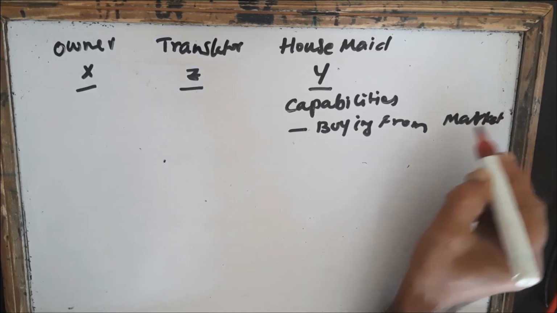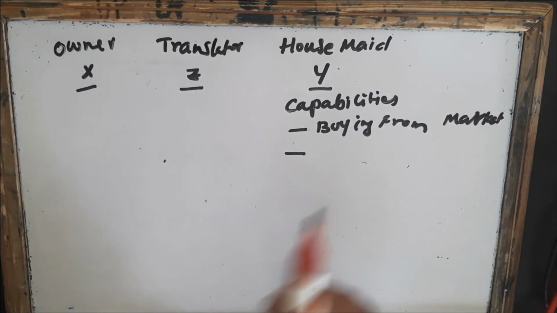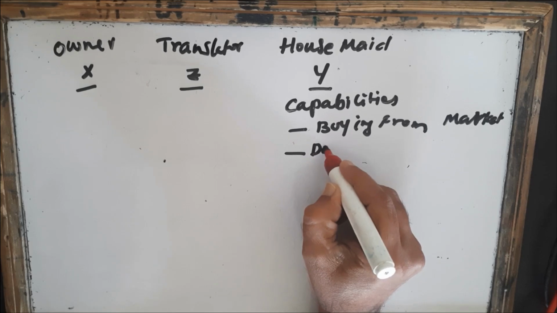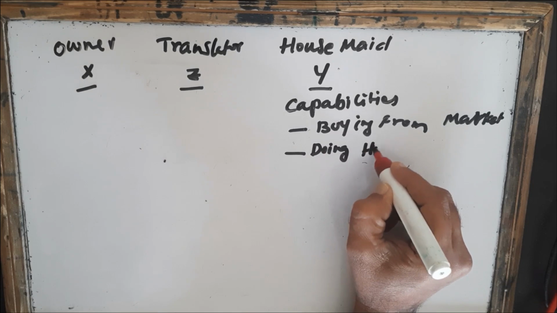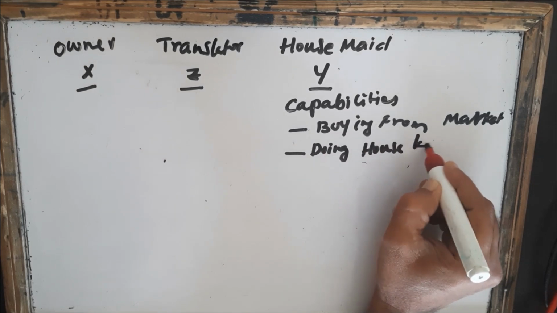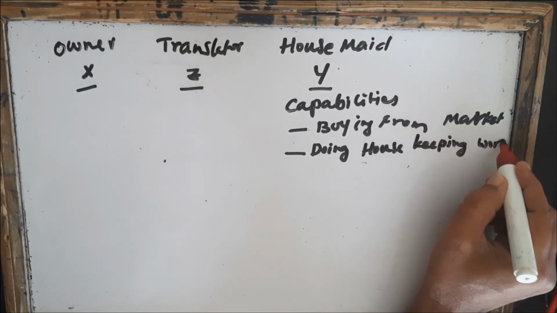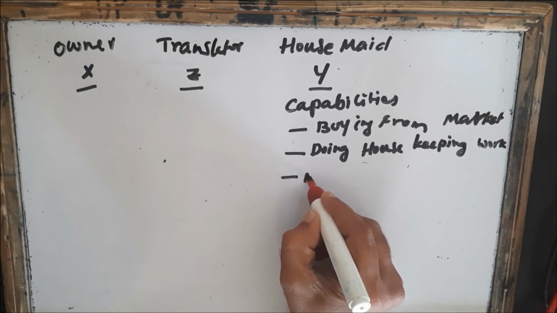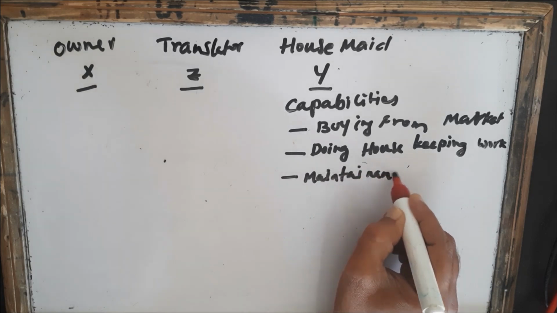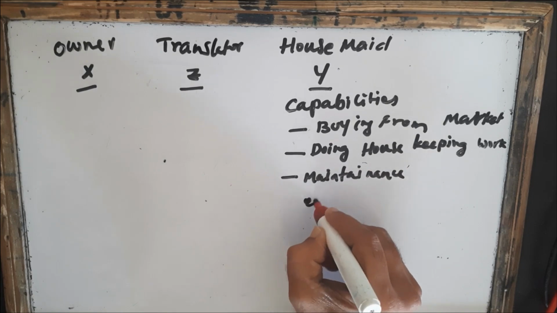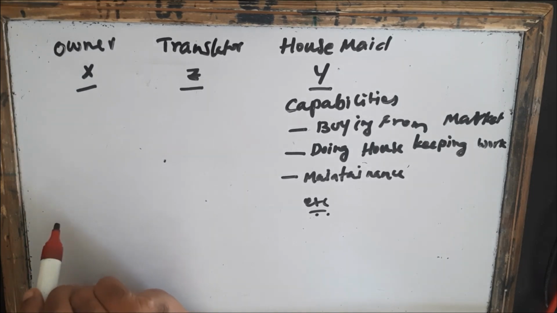So these are the capabilities of the housemaid: buying from the market, doing housekeeping work, maintenance, etc.